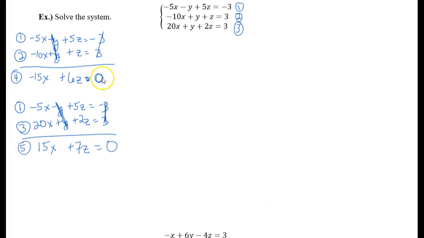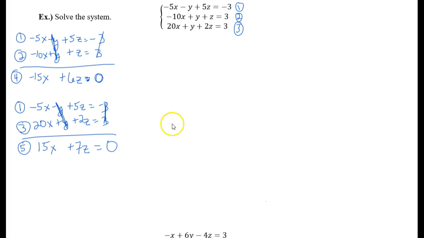Now that I have equations 4 and 5 with the same variables, notice I had to eliminate y and then eliminate y again. I couldn't choose to eliminate x, that wouldn't do me any good, because then I'd have an equation with x and z and then a different equation with y and z, and that wouldn't help me. I need to eliminate the same variable twice, and now I have 2 new equations with those same variables left over, x and z.